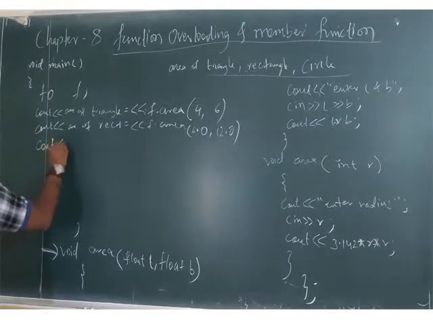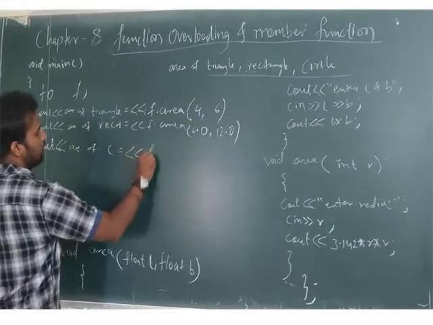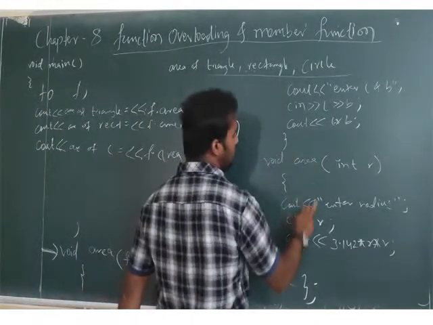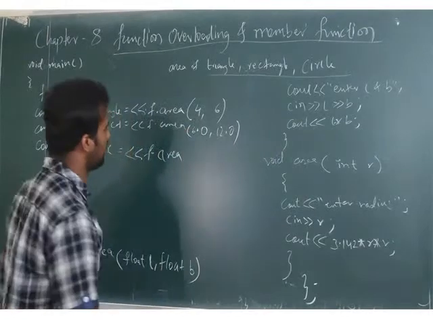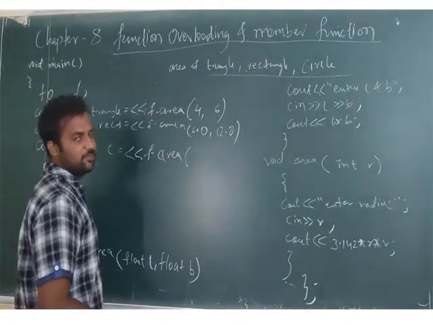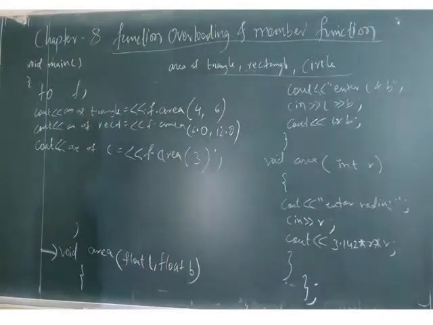Okay. Now next is circle. Area of circle is equal to F dot area again. See here also we have written the function name area only. F dot area, but here integer r. So integer means any integer value you can give. I will give 3. This is how it is.